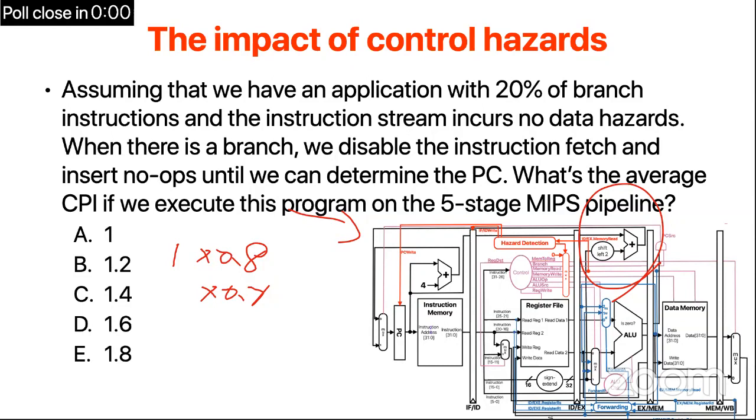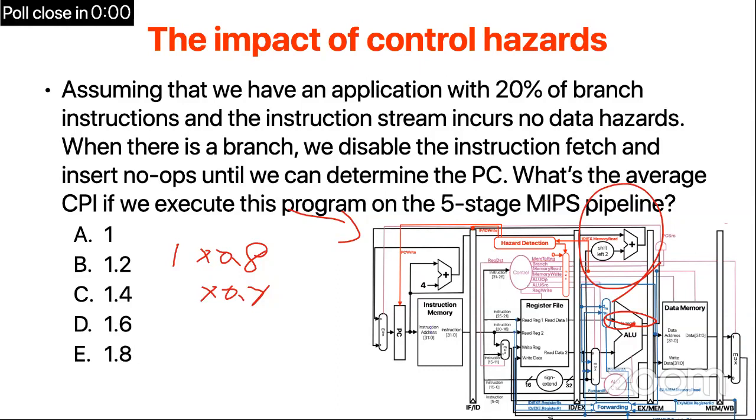So for a branch, you need a target address, but what else? How do I know if I want to take the branch? A condition. Where do we check the condition? In the ALU, right? So you need this too.